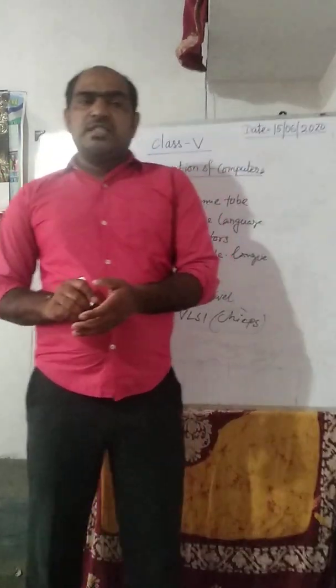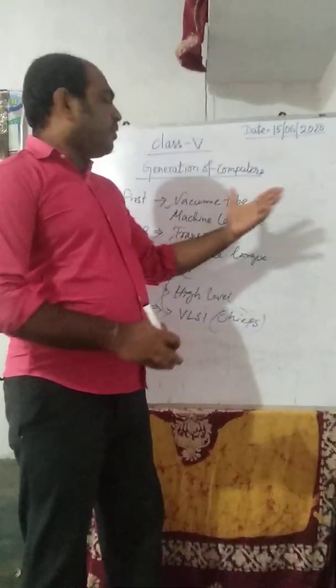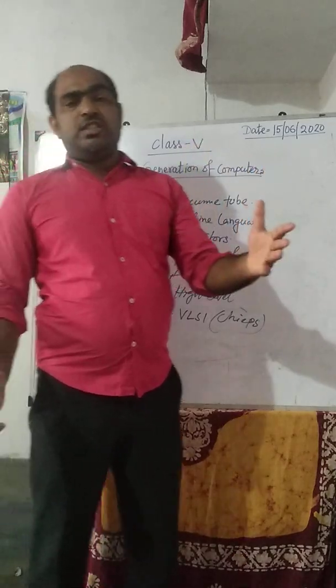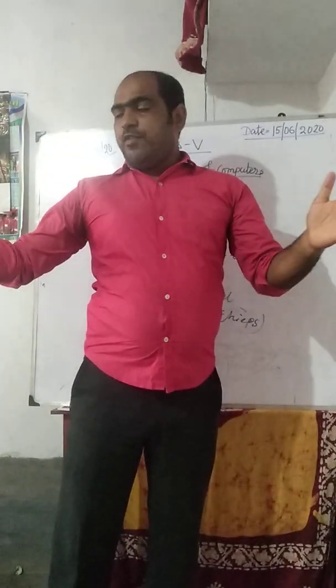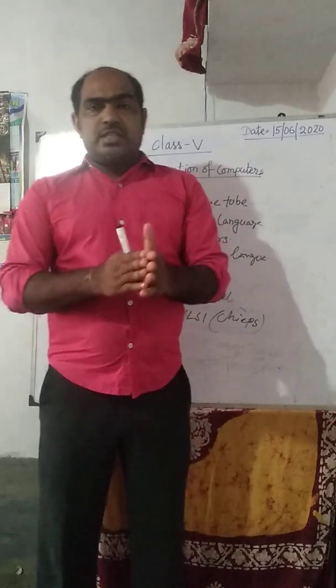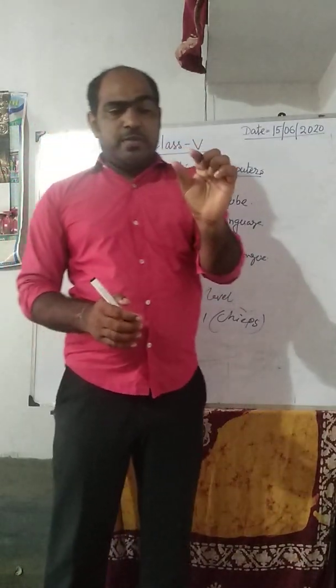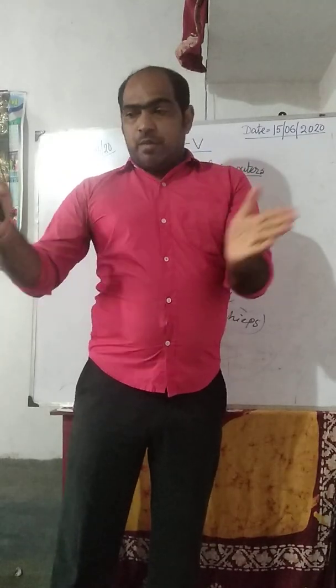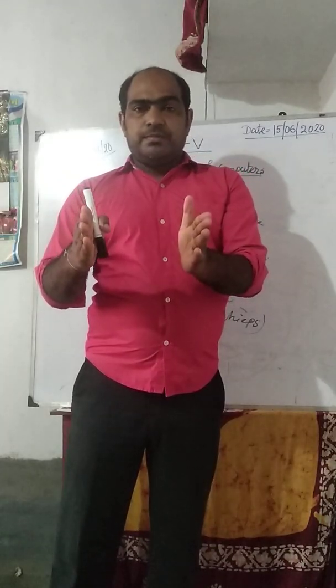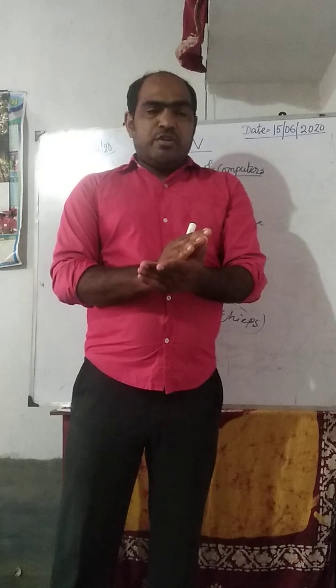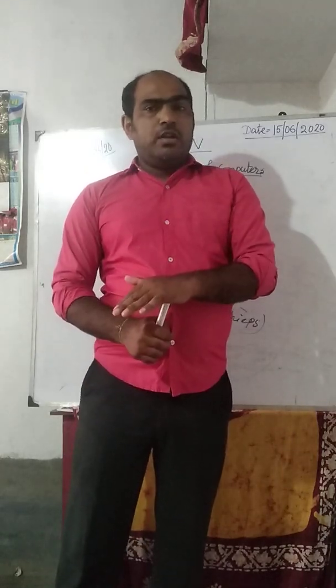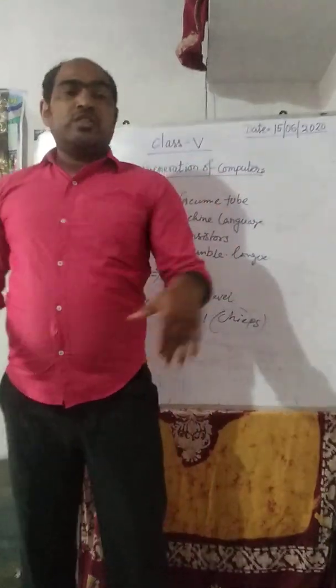What happened with the chips? See, with IC and transistor technology, the computer became very big in size. But when the processor was invented, it became small. Basically, if we use chips, big or small, the computer size becomes small. If the computer size becomes small, obviously electricity use is less, and we can carry it from one place to another.